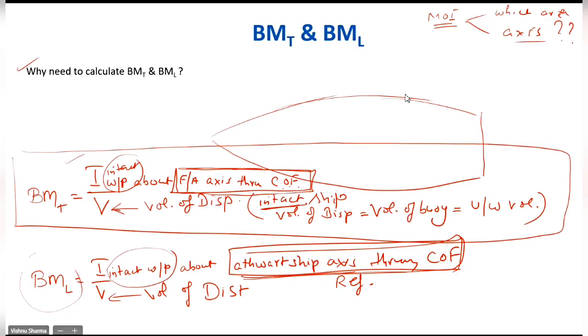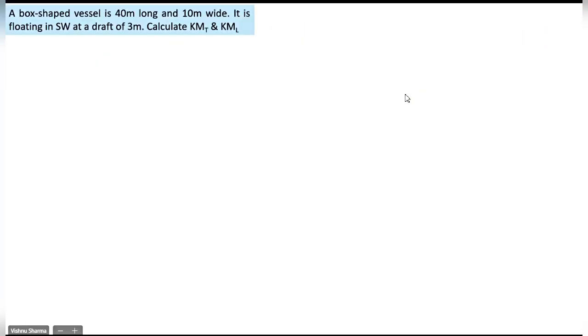Okay. Now, please take down these two formulae. Always remind yourself which area, which axis, what is the shape of the area, where will be the geometric center. We'll draw the axis and we'll start solving the questions. Here we start with a very simple one, and then we'll go on to little difficult ones.